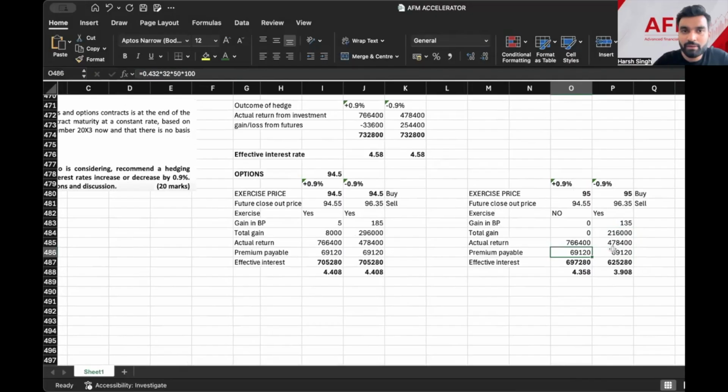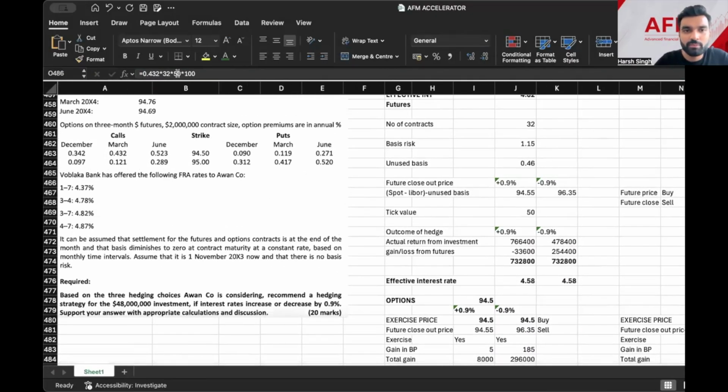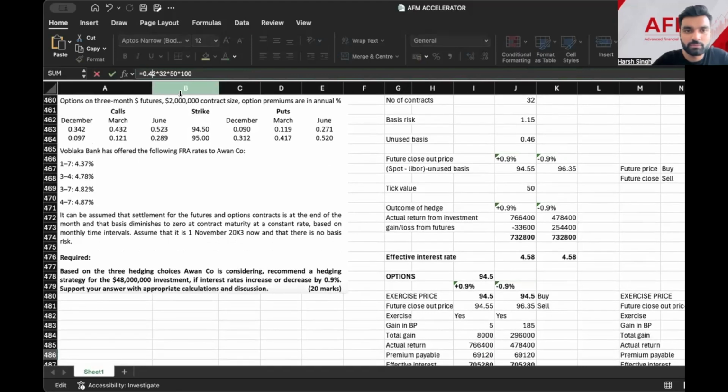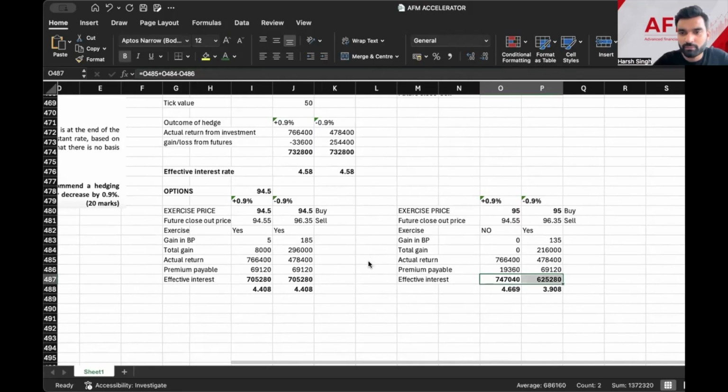Now premium payable will change as well. It was 0.432. Now it will become 0.121. Okay, 0.121. I don't need to recalculate everything. It will be easier for me if I just directly take everything.